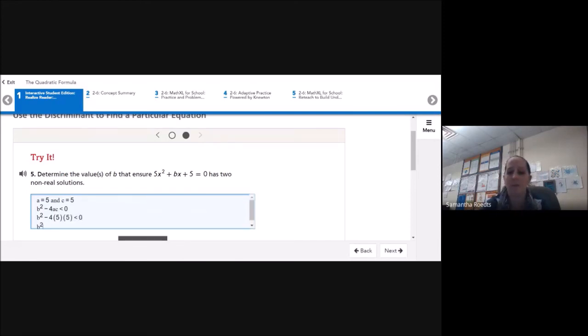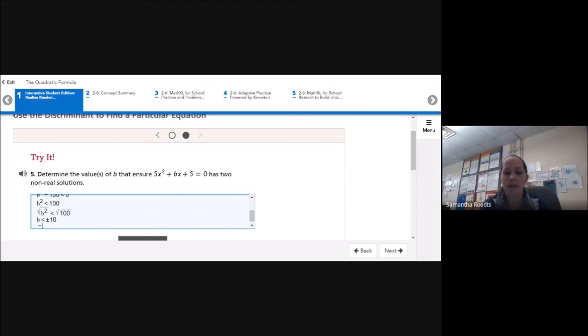b squared, 4 times 5 times 5 is 100. So minus 100 is less than 0, and I add 100 to both sides. So b squared is less than 100. Square root of b squared less than the square root of 100. Well, the square root of 100 is 10 and negative 10.